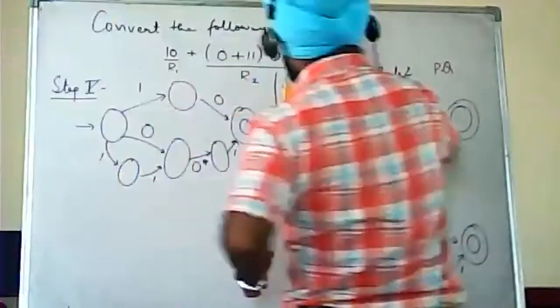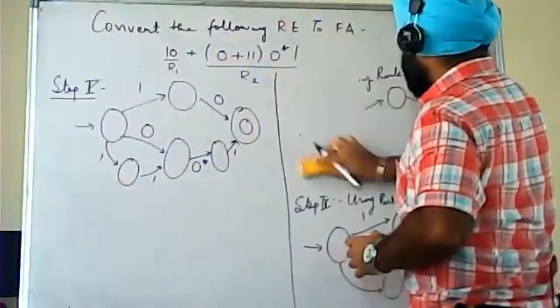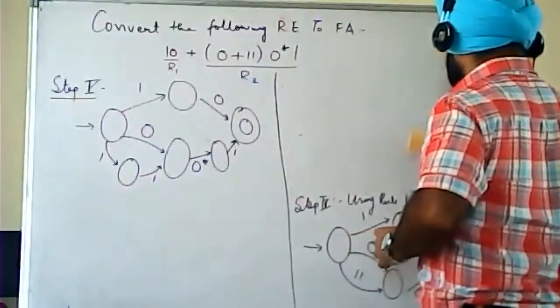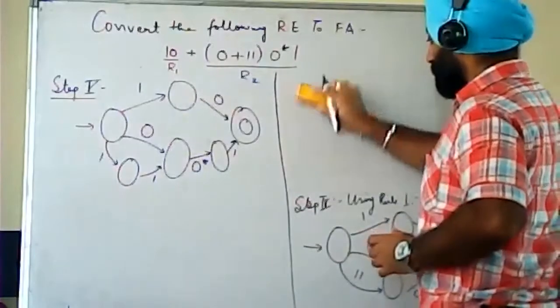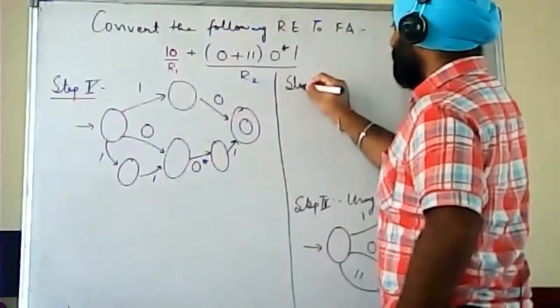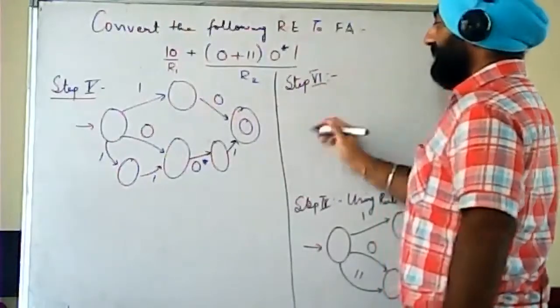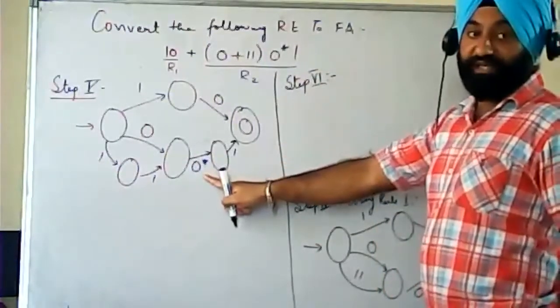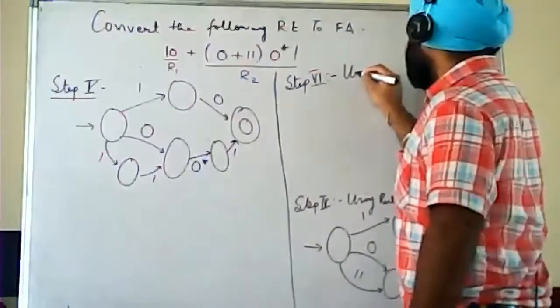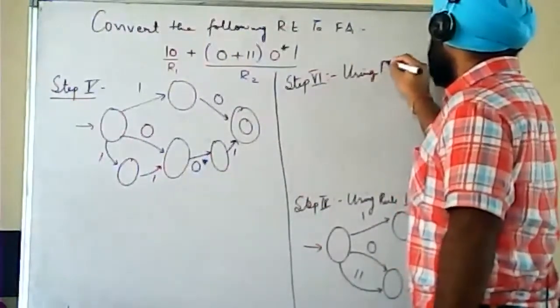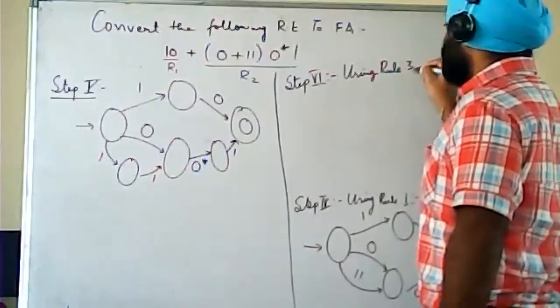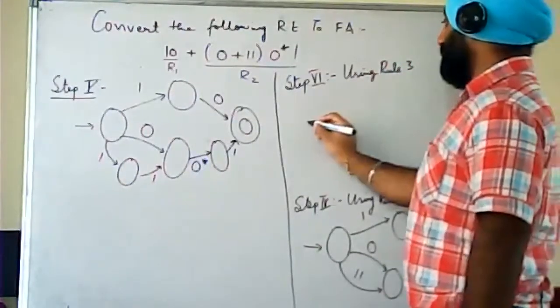So let me write step number 6 over here. After this, you have step number 6. Now you will have to apply the 0 star, using rule number 3, which is for iteration.